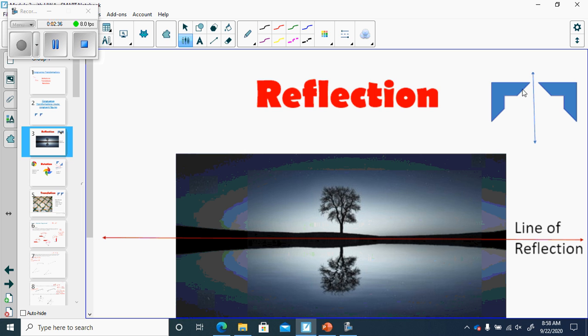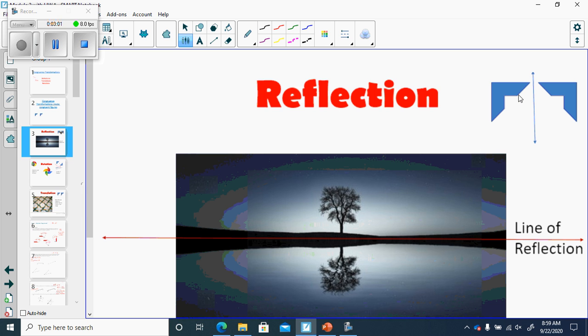And what we have created here is a figure that's just like this one. How can I prove that they're exactly the same? Flip it back over onto itself, and you would see that they're exactly the same size and same shape. This line that you're flipping it over is called the line of reflection. A reflection creates a figure that is congruent to its pre-image.